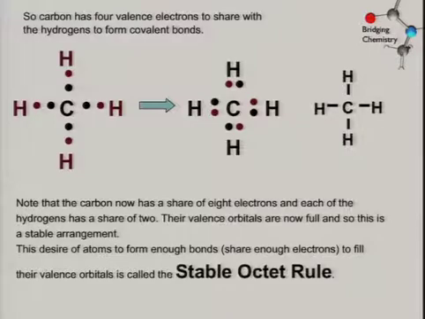If you accept that sharing electrons helps to fill up the orbitals on the hydrogen and on the carbon, then remember, the carbon has 2s and 2p, and so there's a total of 8 electrons that you need to fill up the 2s and the 2p together. And by doing this, the carbon now has 8 electrons around it.